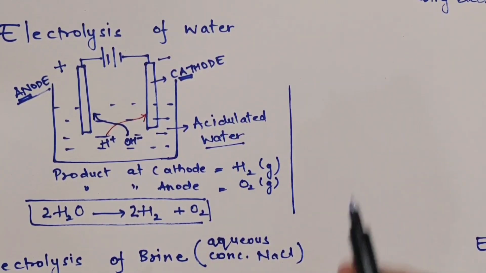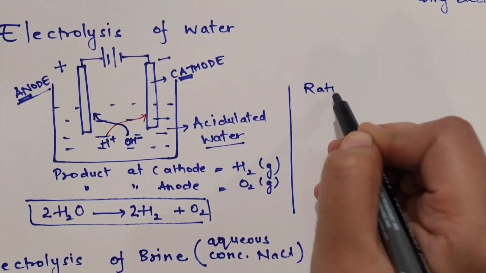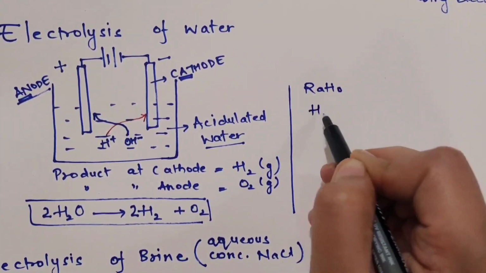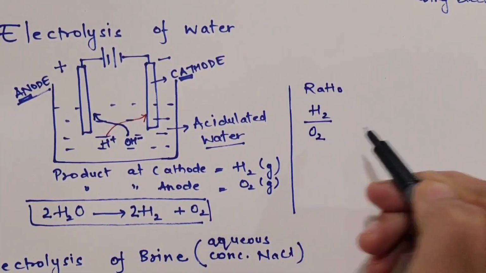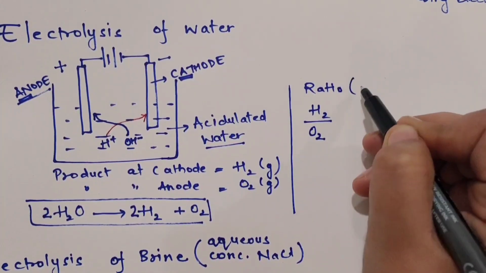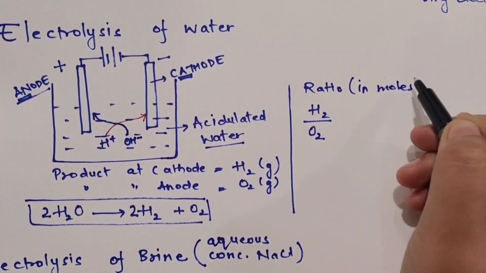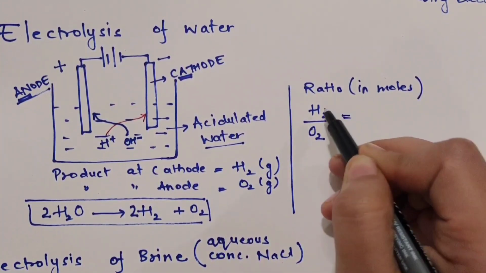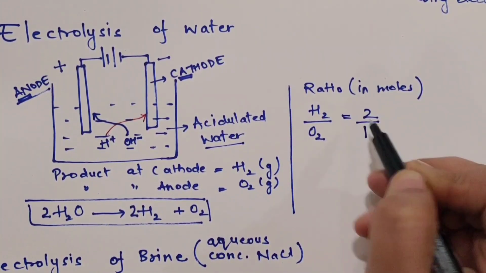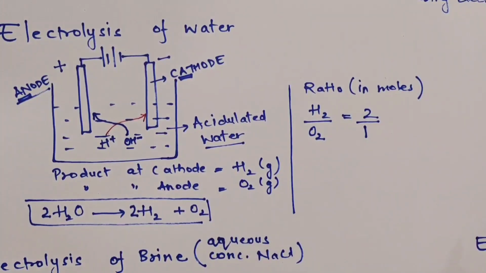When the ratio of hydrogen and oxygen is asked in terms of moles or molecules, what would you write? 2 molecules of hydrogen and 1 molecule of oxygen. As simple as that, 2:1.